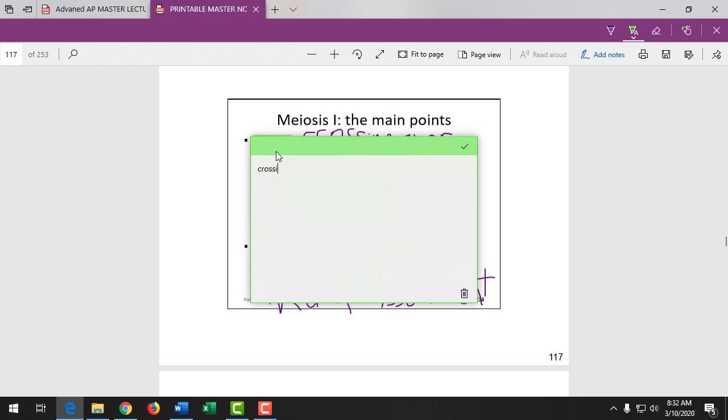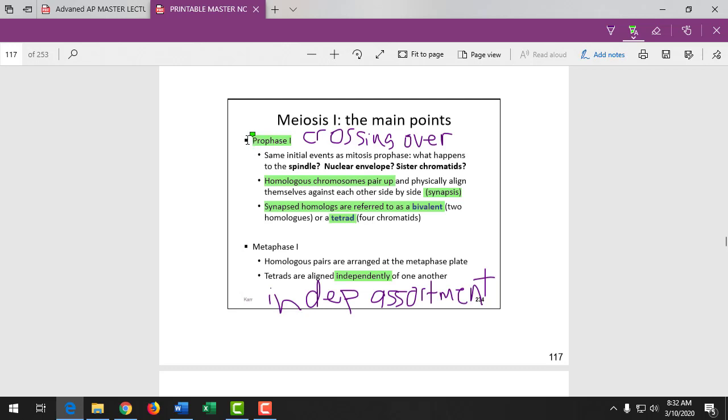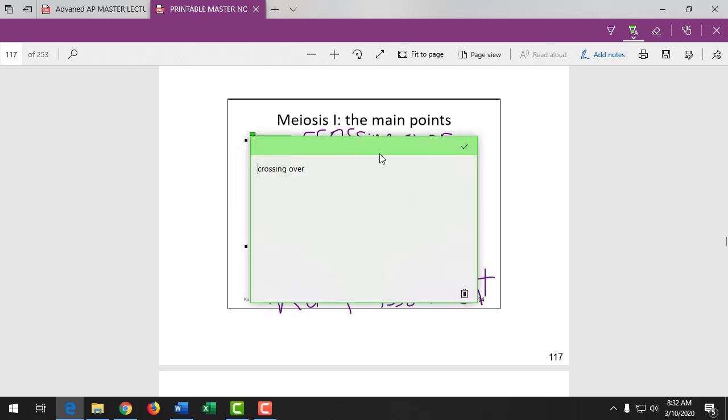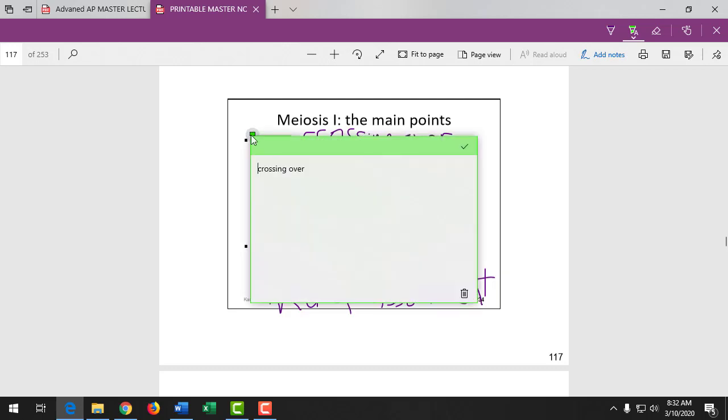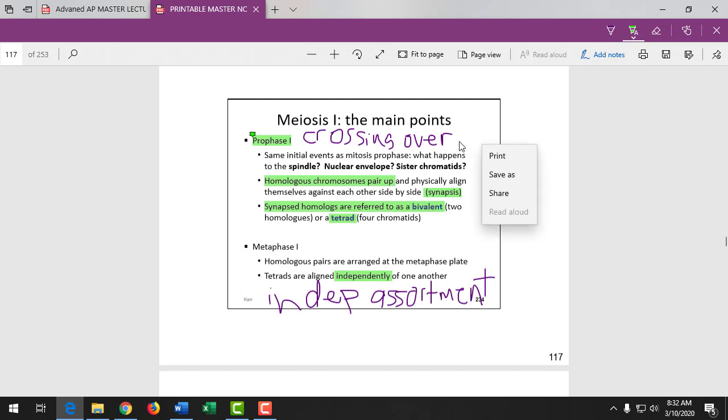Amazing. Crossing over. Oh, but then you can't see it on there. That's the only bad part. Not on a PDF. I know, I wish there was a better way.